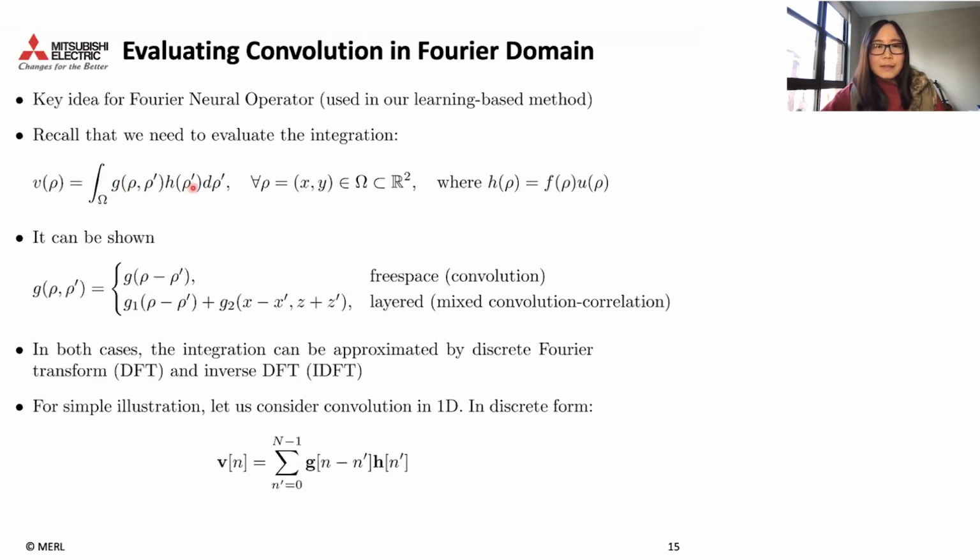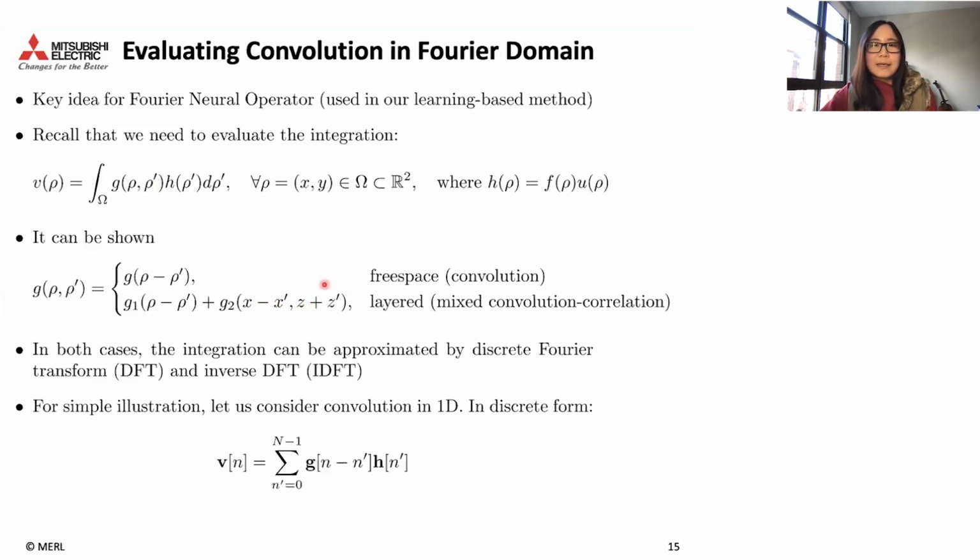Okay, so the key idea is that we want to evaluate this integral in a more efficient way. And we can do that in the Fourier domain if our integral kernel function is a convolution or a mixed convolution and correlation, meaning that it is a convolution in one coordinate and a correlation in another coordinate.